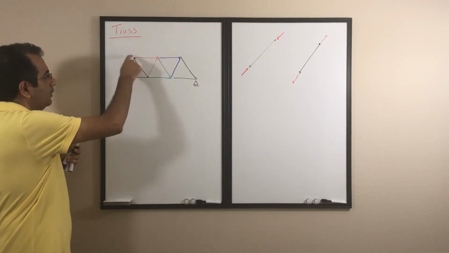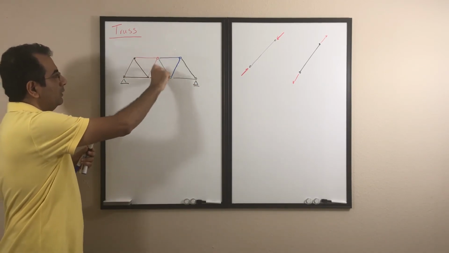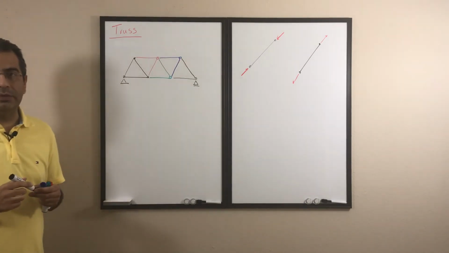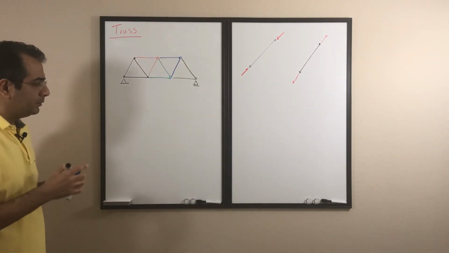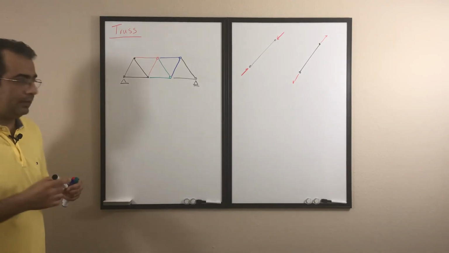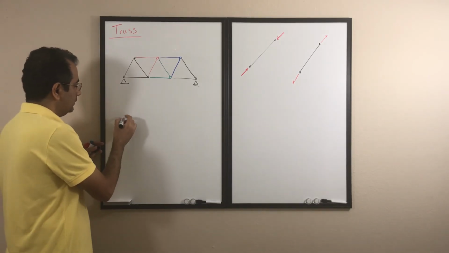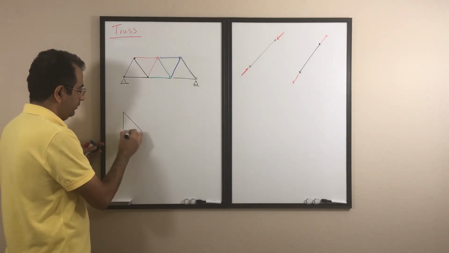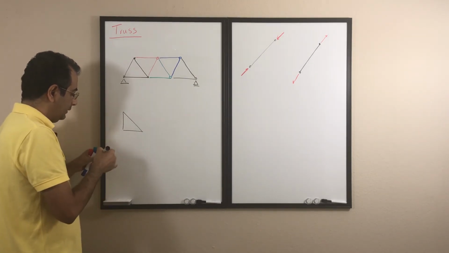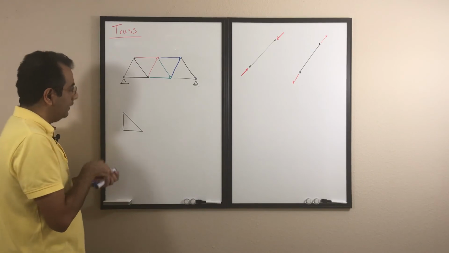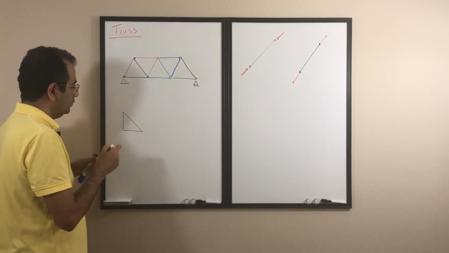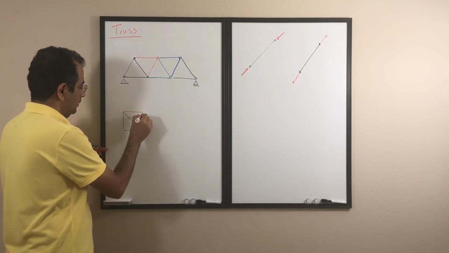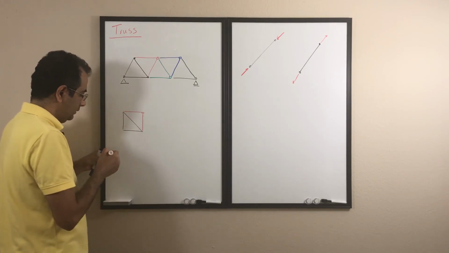We start from a triangle and add two elements at a time to make it. We can work with different shapes of triangle to get what we want. For example, we can start from a simple triangle like that. Again, we have a simple triangle, and then we add two elements every time. So I'm going to add two elements, one joint.